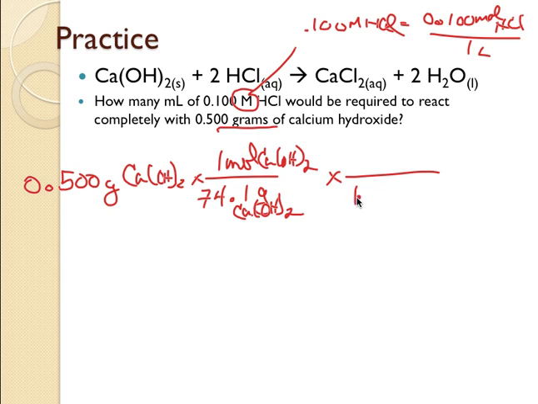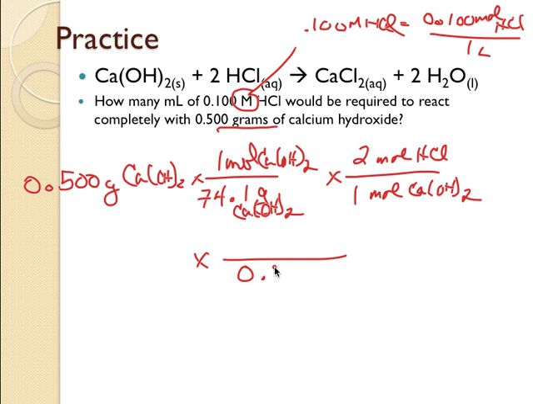Then, using the balanced chemical equation, for every 1 mole of calcium hydroxide, I need 2 moles of hydrochloric acid, times, I know that there is 0.100 moles hydrochloric acid in every liter for that solution, and then in 1 liter there is 1,000 milliliters.